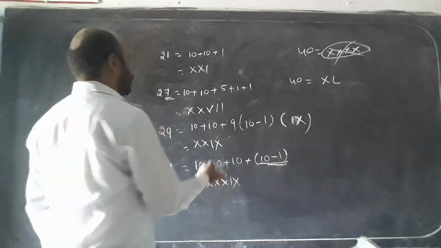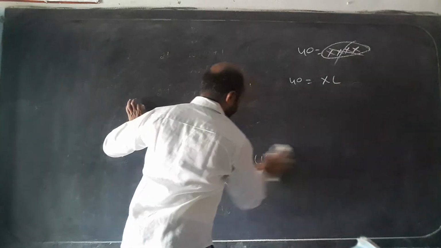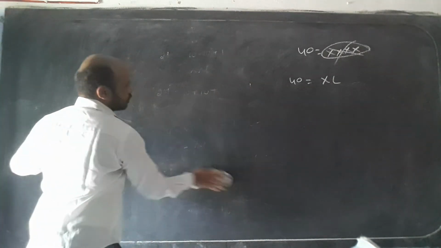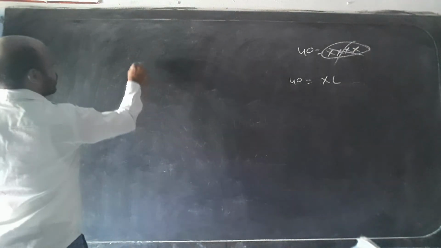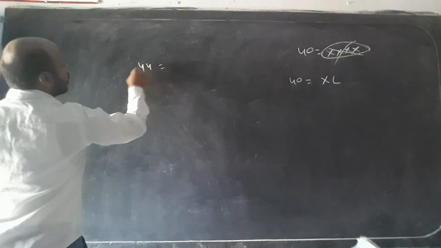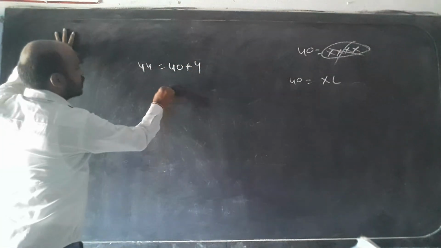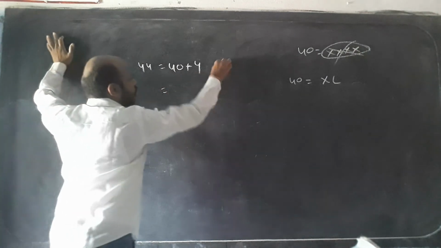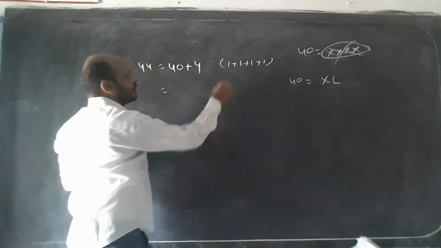Okay, next we have to write 42, 48. How to write? I will say. For example, 44. 44 means 40 plus 4. This 4 also we can't write as 1 plus 1 plus 1 plus 1, more than 3 times.